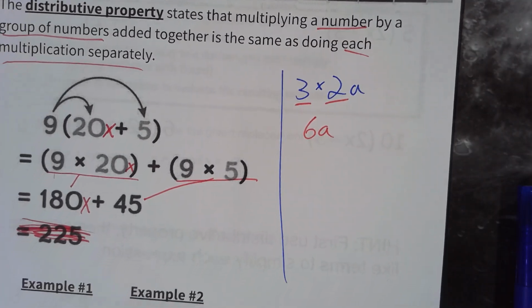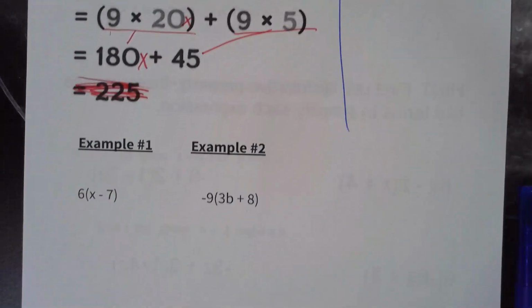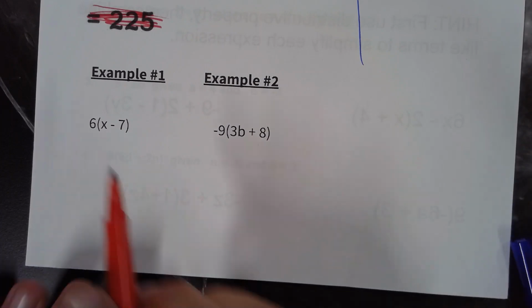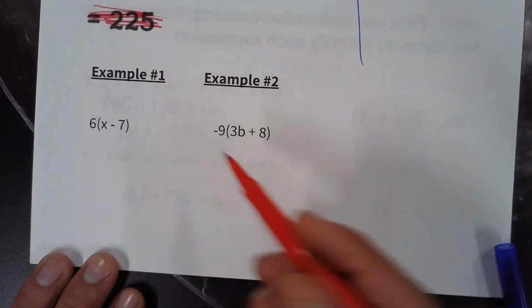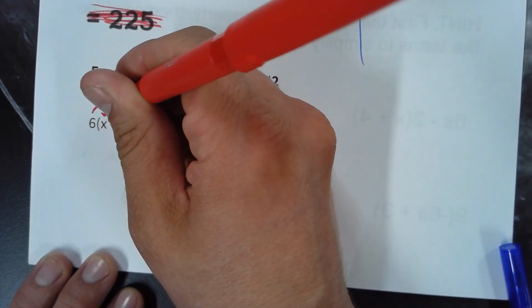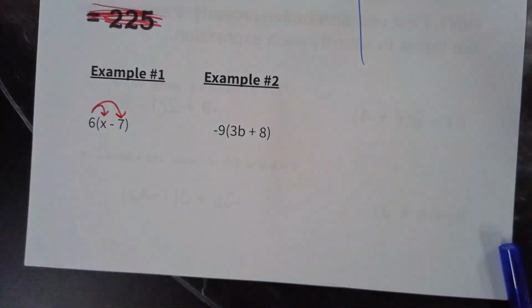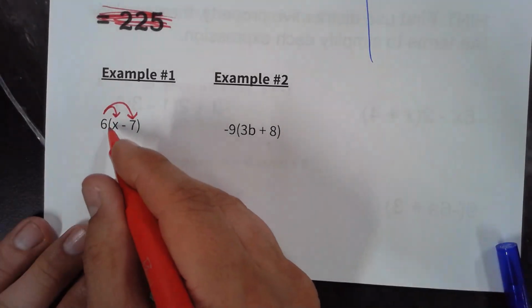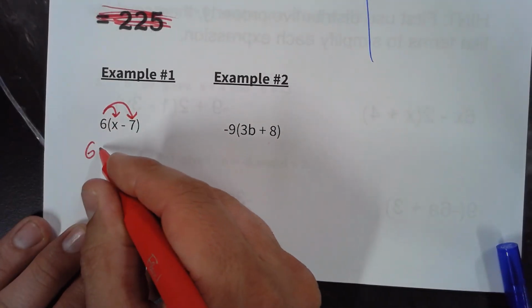So let's look at the examples down here at the bottom. Distribution. So we have 6 times x minus 7. Remember that 6 gets multiplied to both terms. So I would have 6 times x would be 6x.